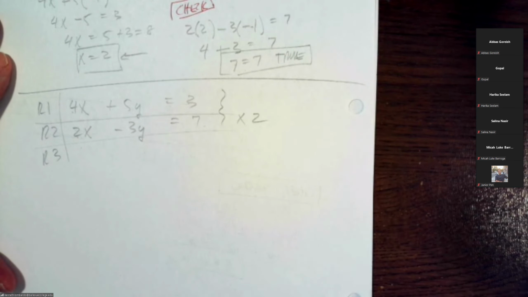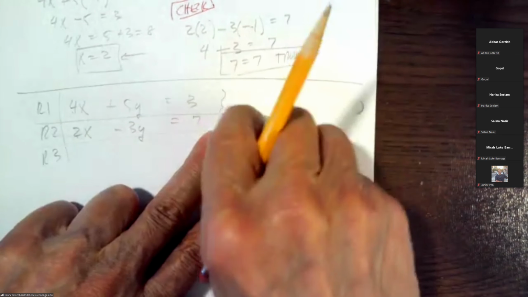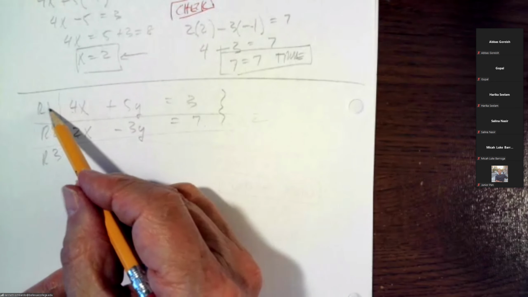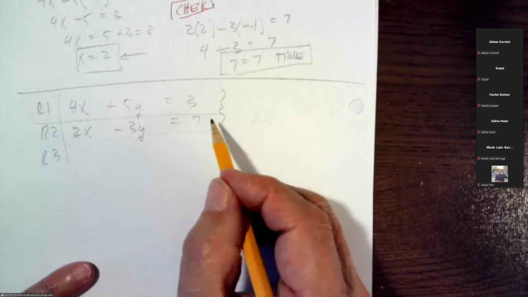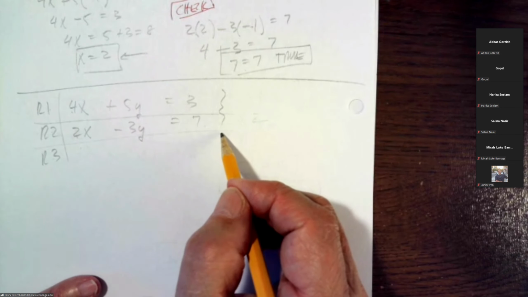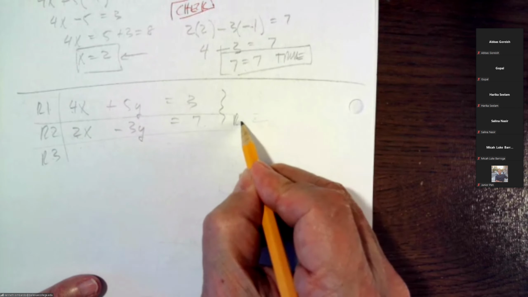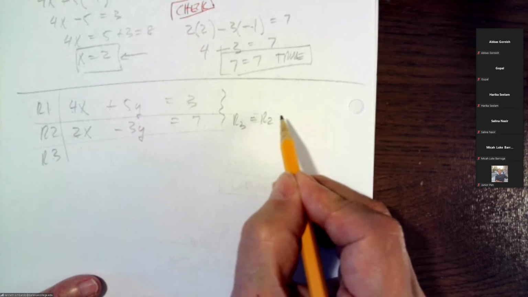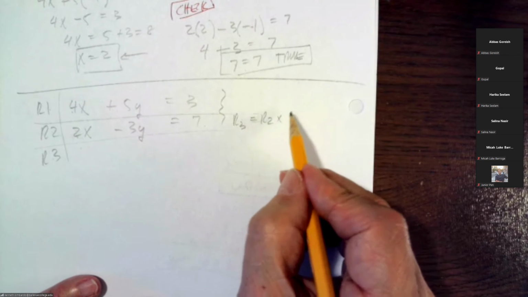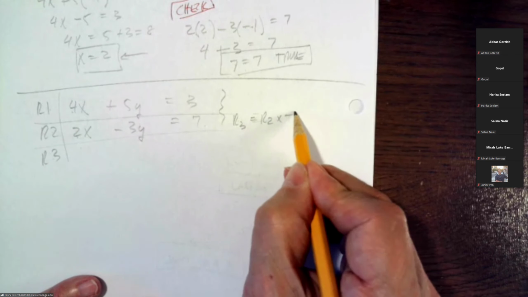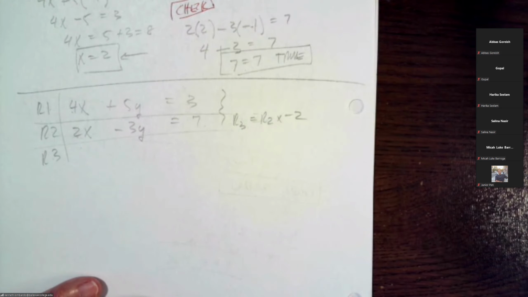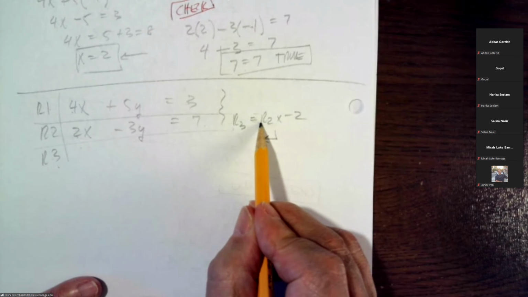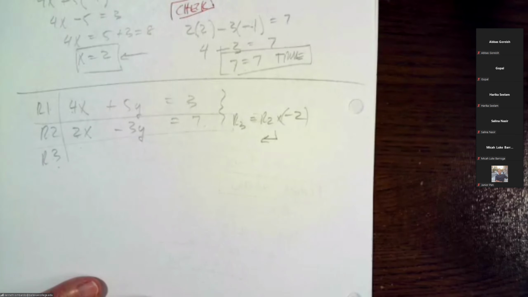And because this is used enough, they've actually decided that if I'm going to call this row 1, row 2, row 3, I'm going to create row 3, and I'm going to say row 3 is going to be equal to row 2 times, I could say -2 this time, for instance. So I'm going to create row 3 down here by multiplying row 2 by -2.